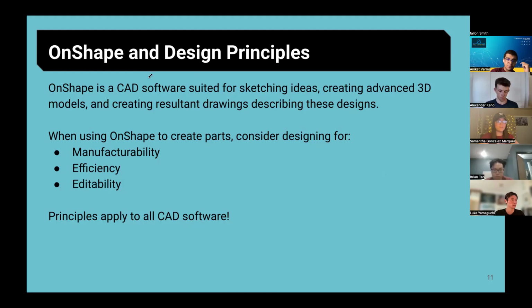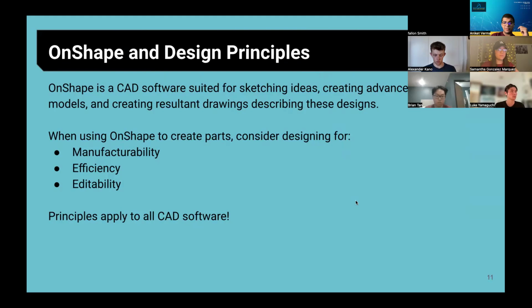Okay, so some little bits of advice to keep in mind when you're actually using CAD software. Whenever we design parts in Onshape, as well as in any other CAD software, there are three main things to keep in mind. The first is the manufacturability of the part.